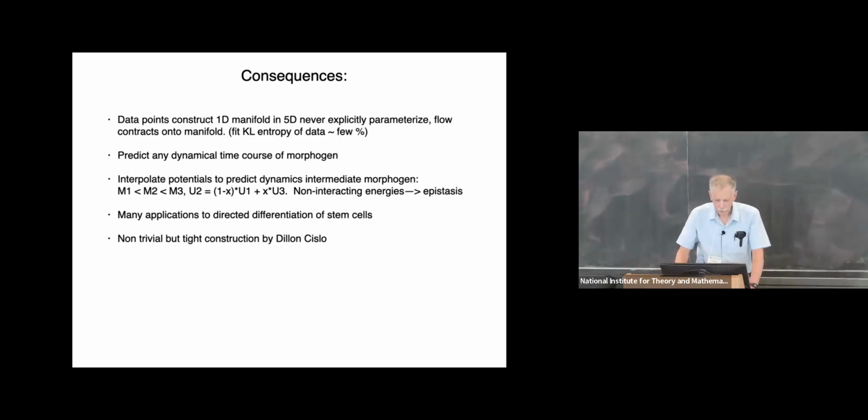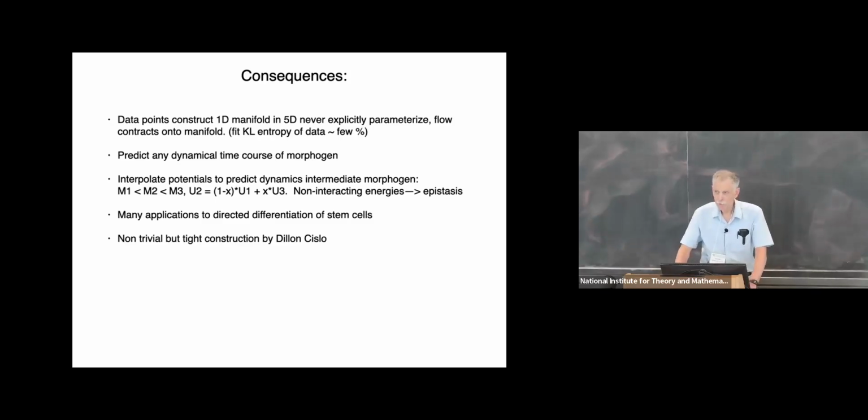This fitting procedure also has the consequence that it allows us to interpolate potentials, i.e., if we have morphogens 1 and 3 that bound the value of morphogen 2, we can interpolate and find the potential 2, which interpolates between potential 1 and potential 3.